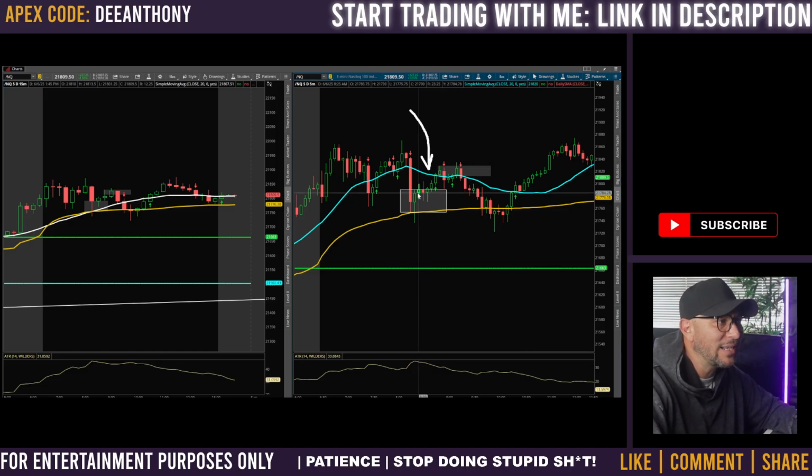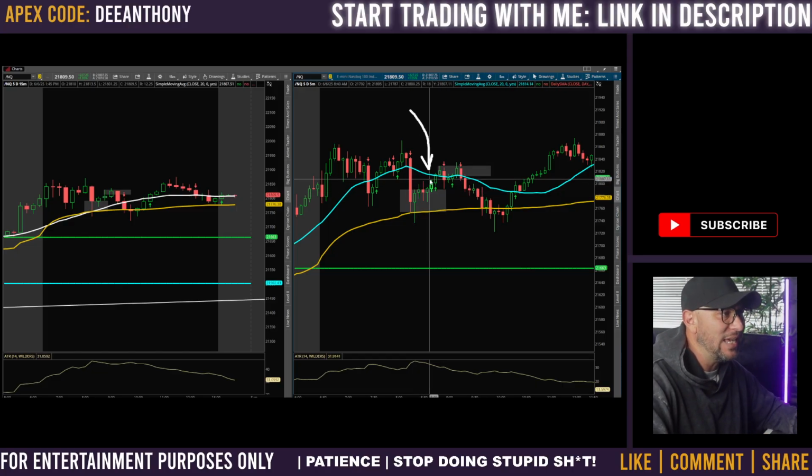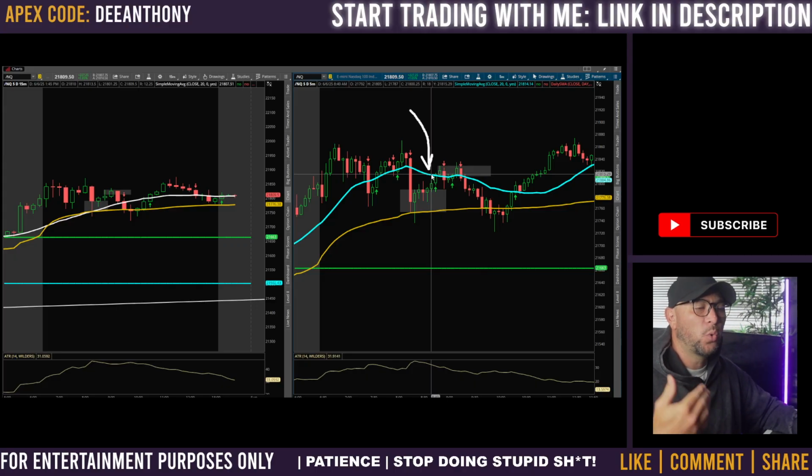So automatically what I want to try to decipher here is if I take a long setup over 21,790, which is this specific candle that I'm highlighting here, over 790 into my 20 SMA is a price of 21,815. Okay, so that's about a 25-point expected return if it hits my supply zone.